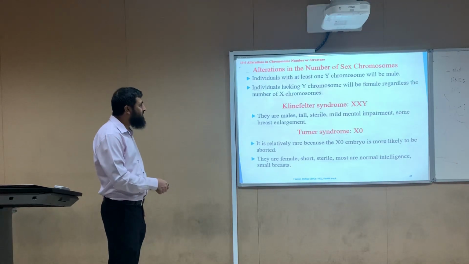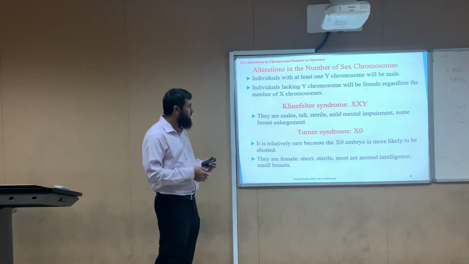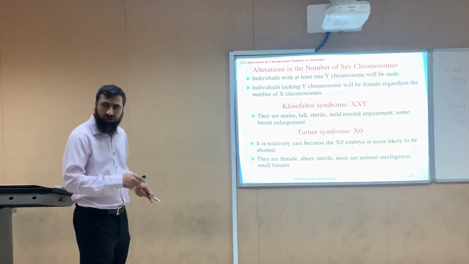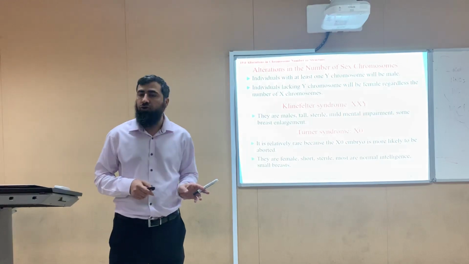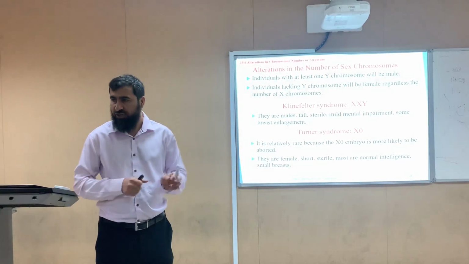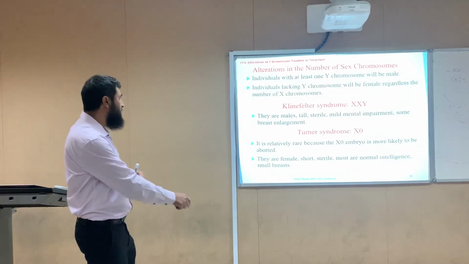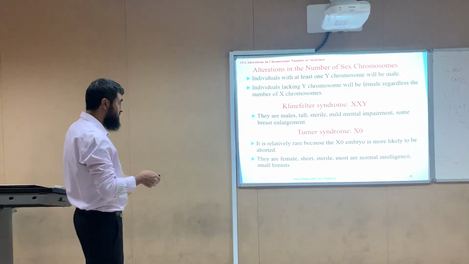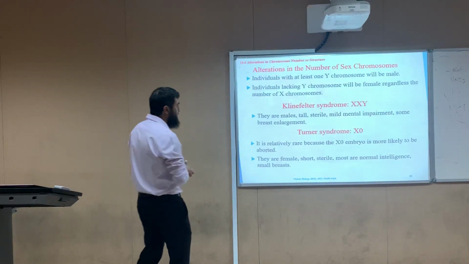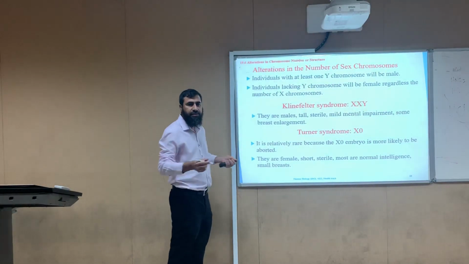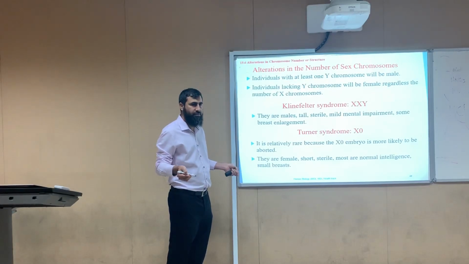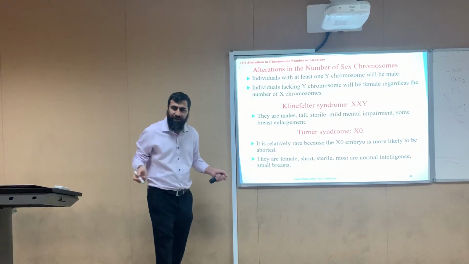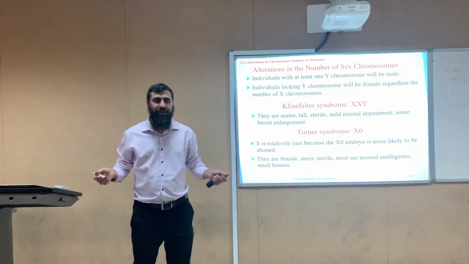All right, so some of the other alterations in the chromosome number we see in the sex chromosomes. So trisomy 21 is an autosome disorder, okay? Alteration in the autosome. And Klinefelter and Turner syndrome are alterations in the sex chromosomes, okay? So normally, a female lacks the Y chromosome, correct?